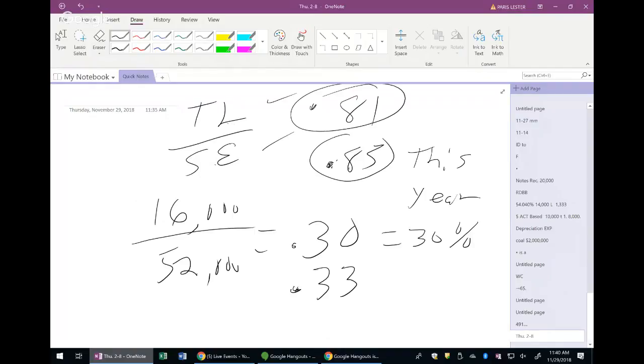But I wanted to take you back and show you on a common size statement, if it's in here. I think it's in here. Let's see. No, it's not the same statements. But when you do a common size statement, you have those percents.